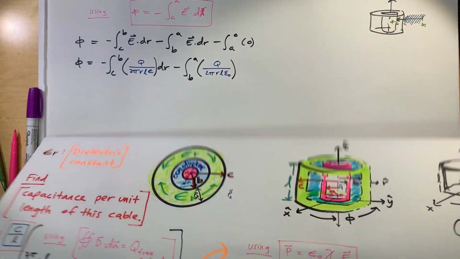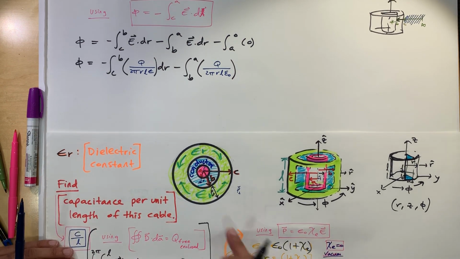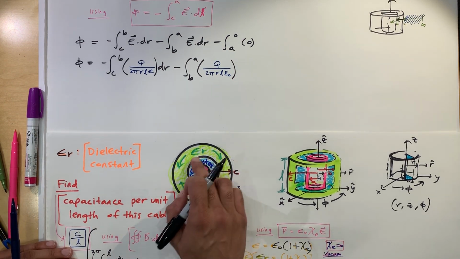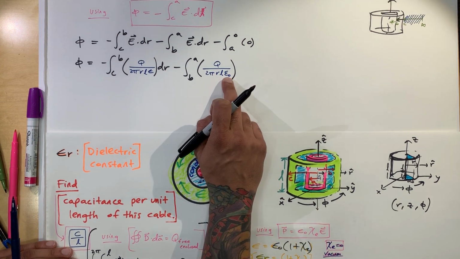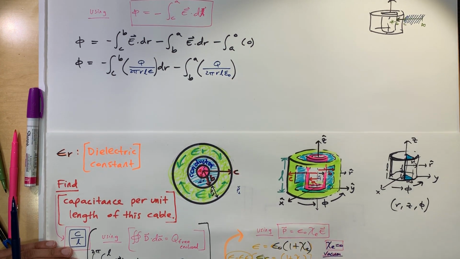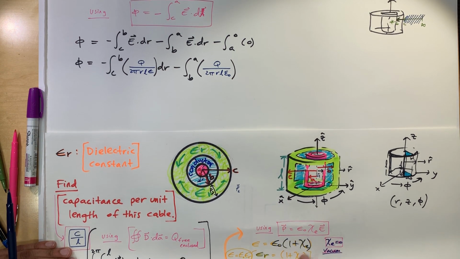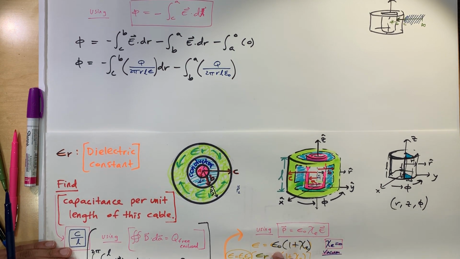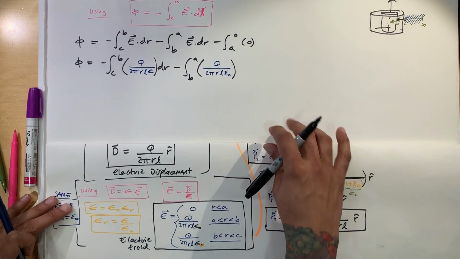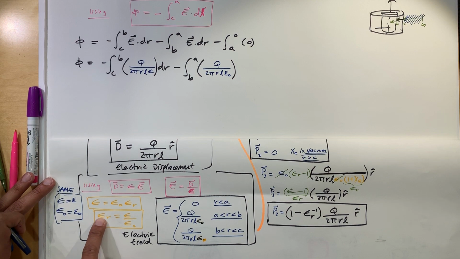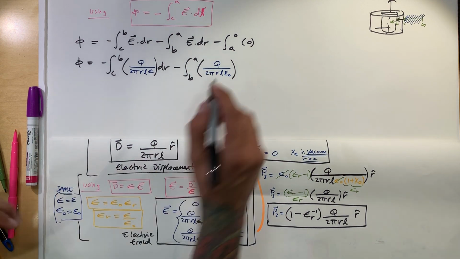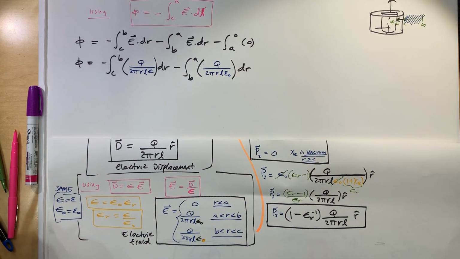And that's between A and B because we're in a conductor. So in a conductor, epsilon naught, because chi is 0. We have epsilon naught for the conductor region, and that's it. Okay, so now let's evaluate the integral.